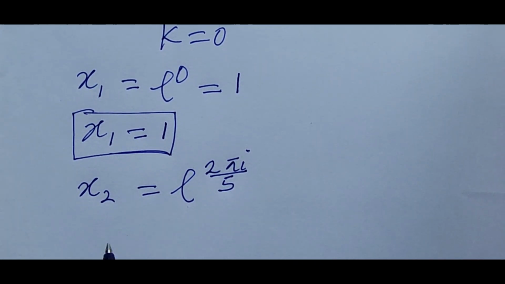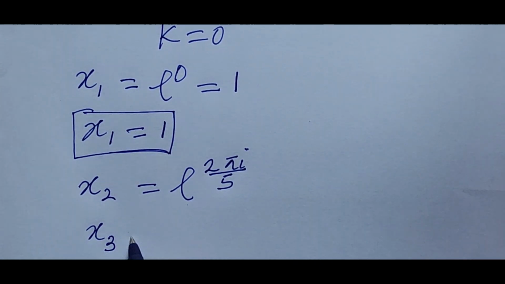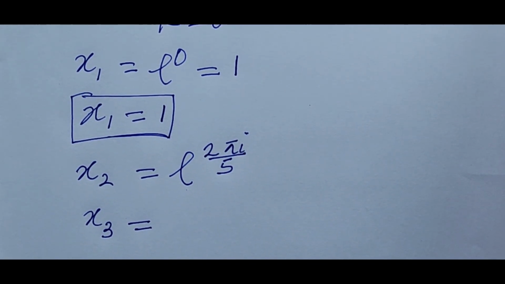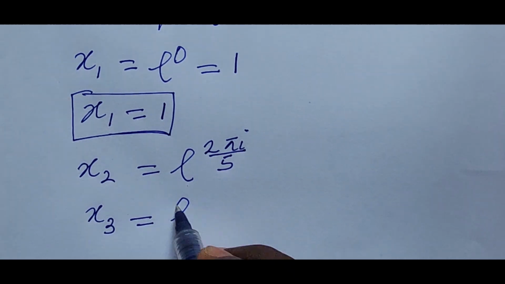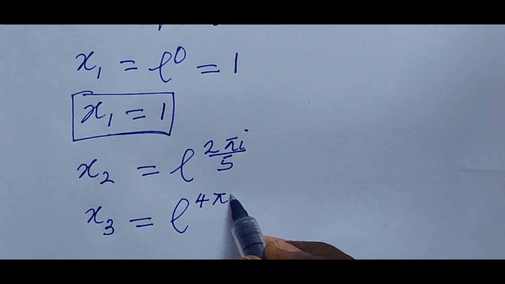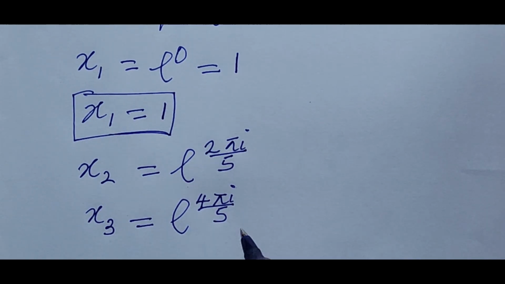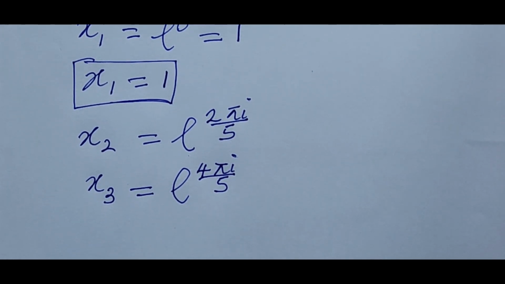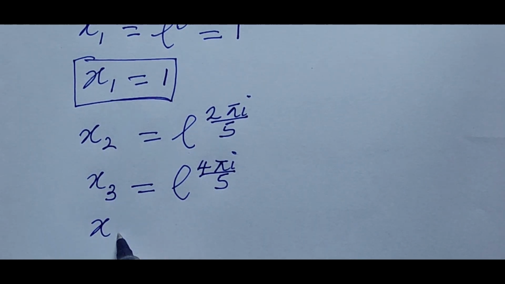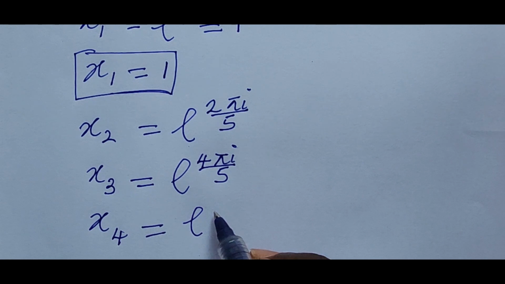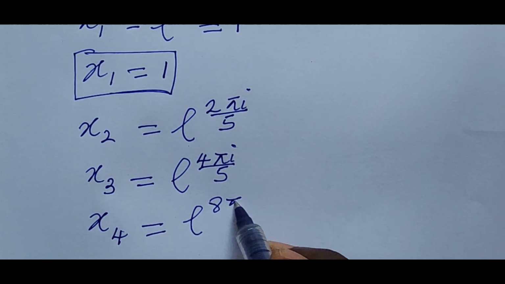Then our x3 will give us a similar thing, but this time we are taking k to be 2. So we're going to have e raised to the power of 4 pi i all over 5. And the next one, we're taking k to be 3, which is x4. So x4 becomes e raised to 8 pi i all over 5.